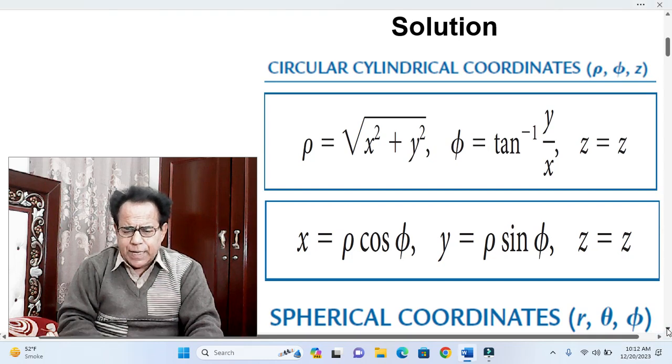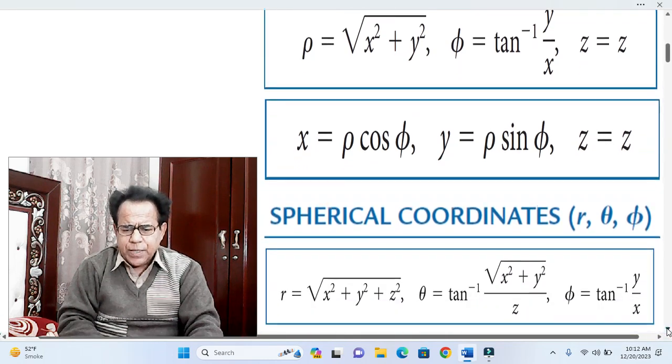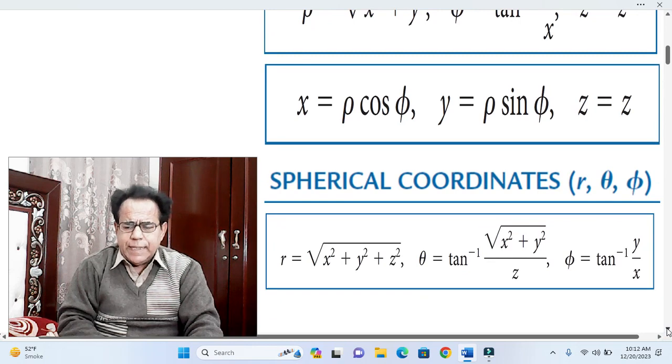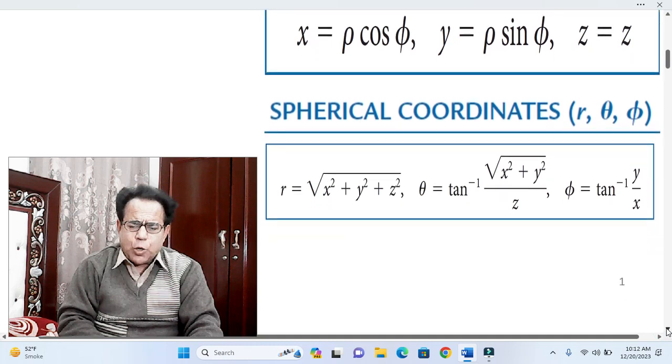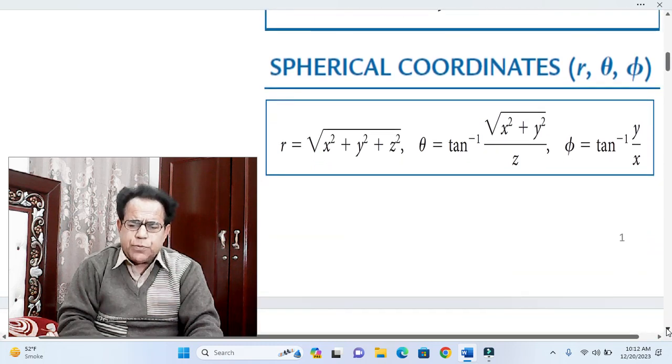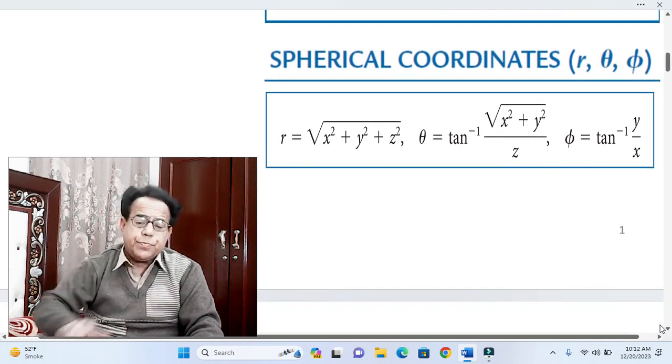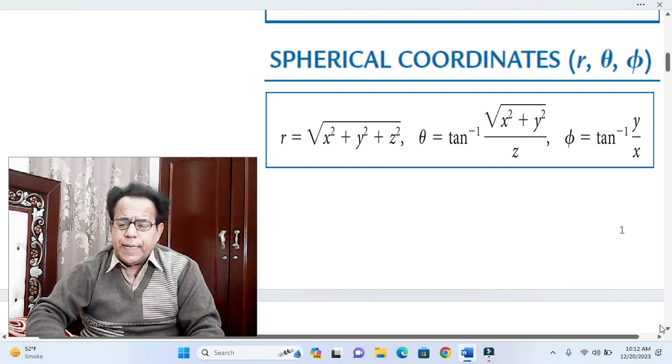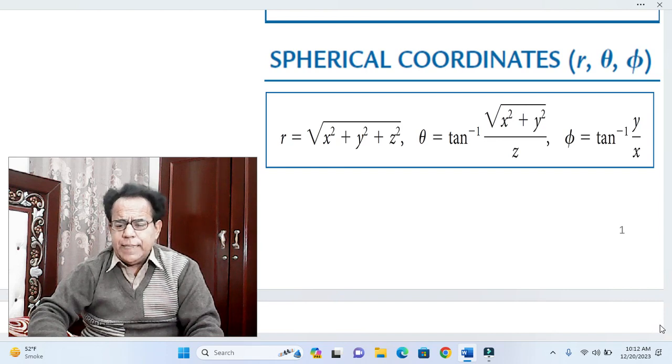These are formulas. Some of these may be applied in this problem and the remaining may be applied in the next problems of this chapter of this book. Now spherical coordinates are r, theta, phi. Dear students, here phi is the same as we determined in the previous snapshot.